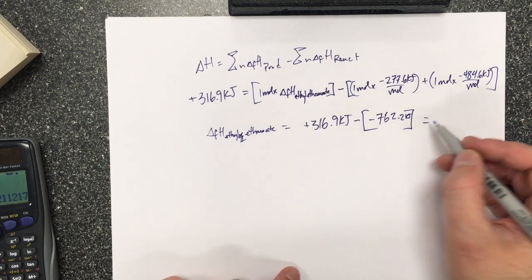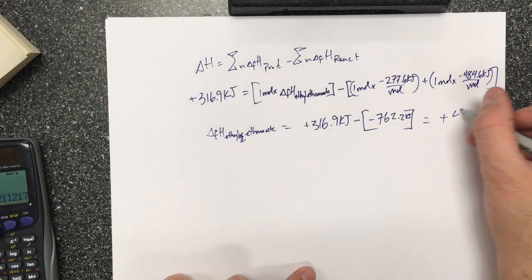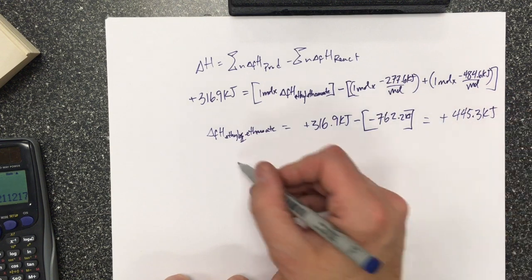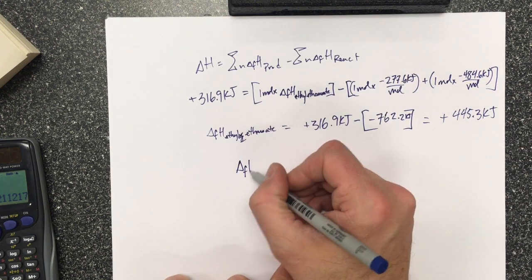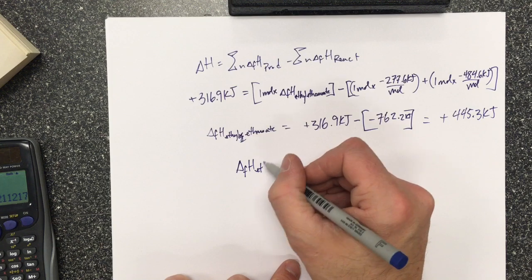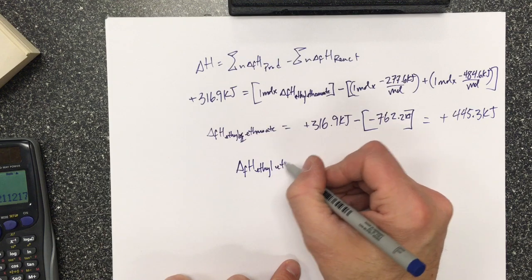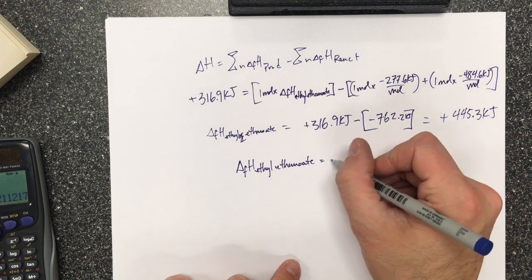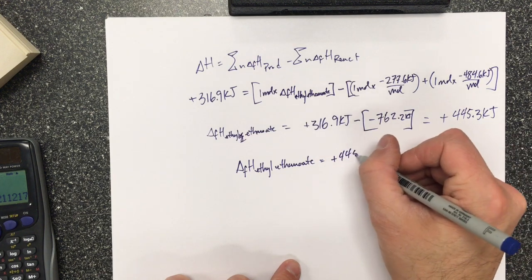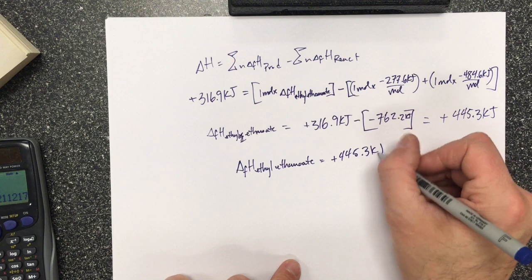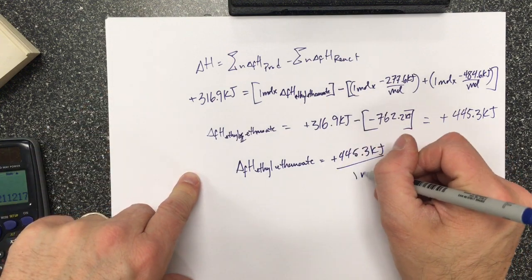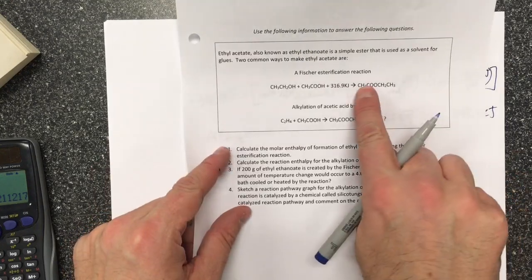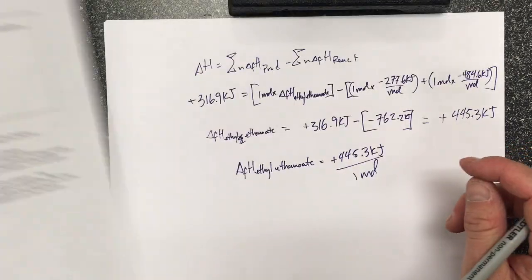And so this comes out to positive 445.3 kilojoules. And so the formation enthalpy for ethyl ethanoate equals positive 445.3 kilojoules per 1 mole, because there was 1 mole in the reaction, right? So we made 1 mole of it, so it's per 1 mole.